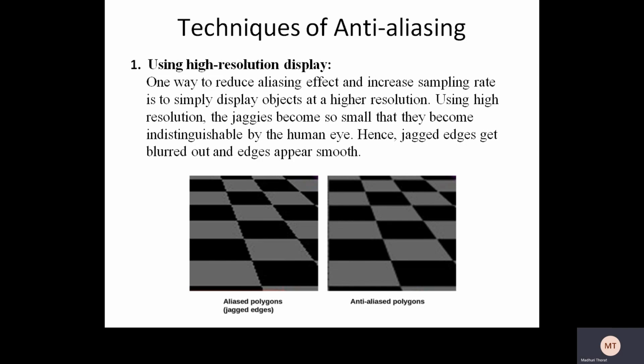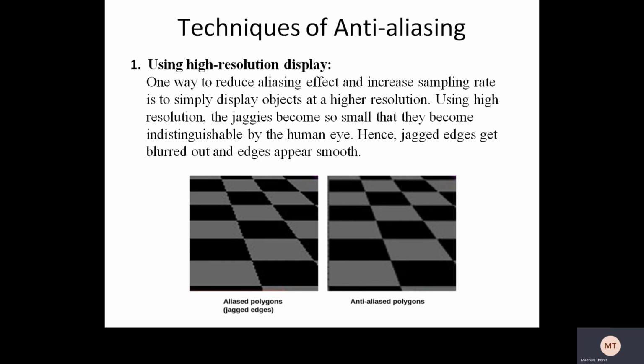See in the figure, the first figure is the aliasing polygon. These are the jagged edges here. And the second image is the anti-aliasing polygon. So one way to reduce the aliasing effect by increasing the sampling rate is to simply display the object at a higher resolution.